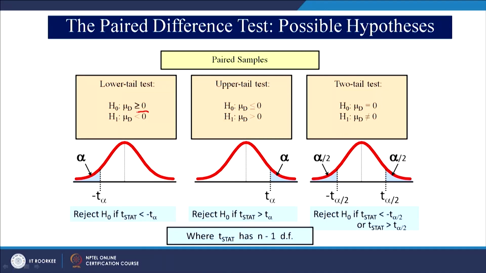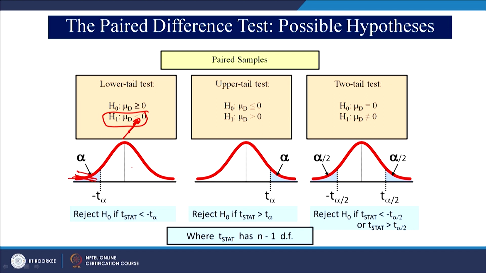So, this is how the distribution would look like. So, the direction of sign over here will decide the direction of test, whether it is an upper tail test or lower tail test, right. So, this is left tail test, and this is how the distribution would look like.